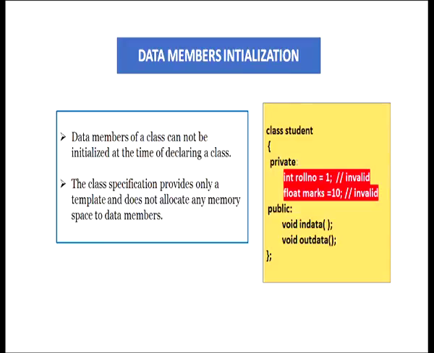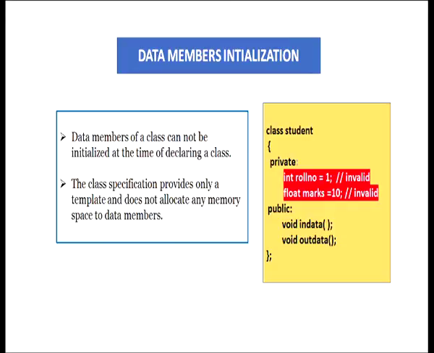We have already learned that initialization of variables is a must before using them, because otherwise they may contain garbage value. Similarly, initialization of data members is also essential. But the problem with the class is that at the time of declaring a class, we cannot assign any initial value to its data members, as the class specification only provides a template and does not allocate any memory space to the data members.